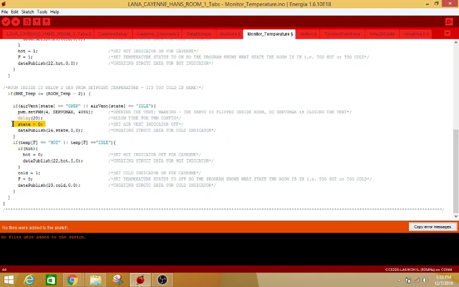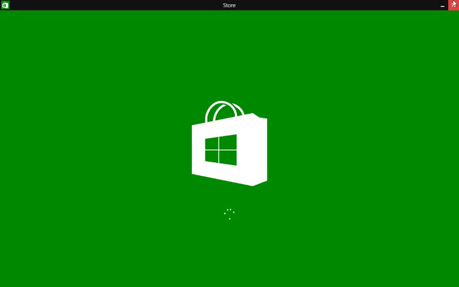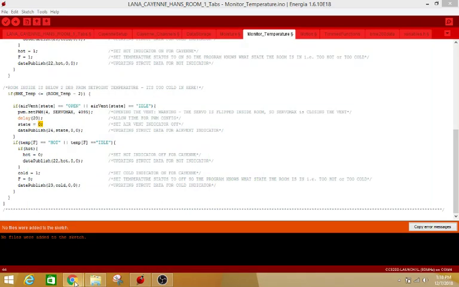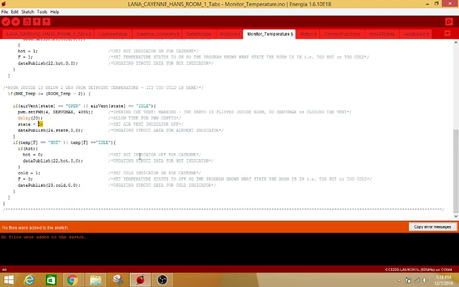Now we set state equal to 0 and we update the channel for the air vent state, updating struct data for this, which should be air vent indicator. So if this state is 0, then excuse me for that. Alright, if that was 0, then this is 0, and that's what we get, and that's what we see here.